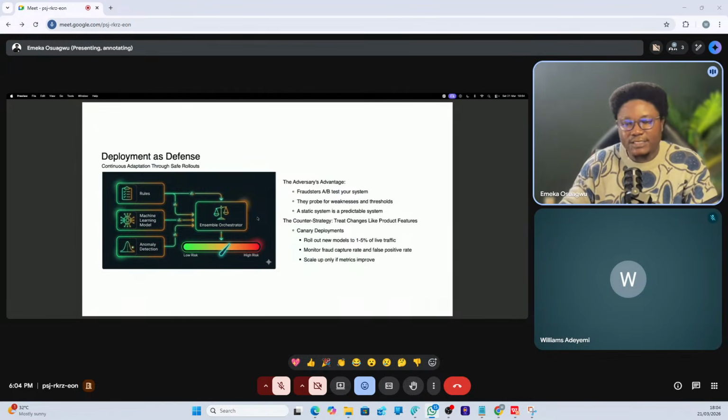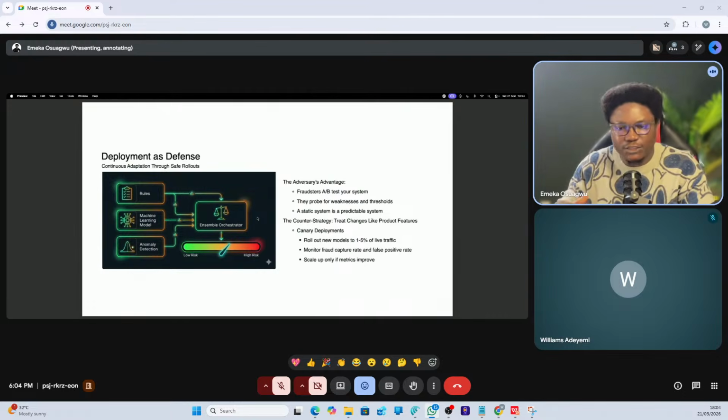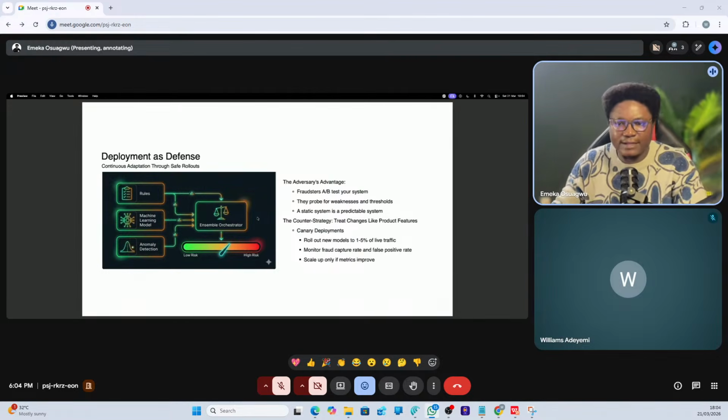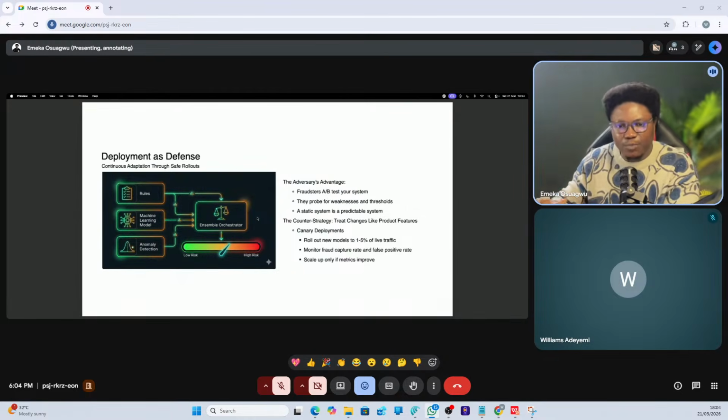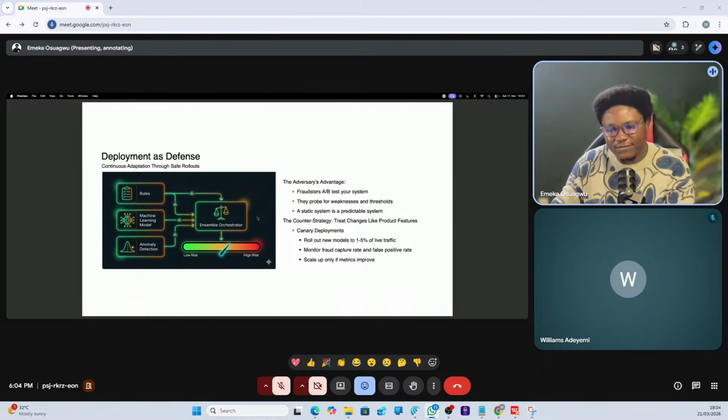And let's say you are going to educational loans or car loans or stuff like that, you want to be able to upgrade the particular model, and most importantly you want to test with a specific sample size. Let's say you want to test with salary earners alone, or you created a particular type of loan meant for students in our institution, and you want to test specifically for them.